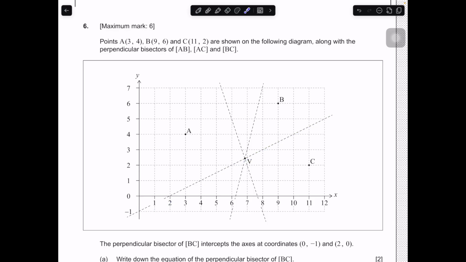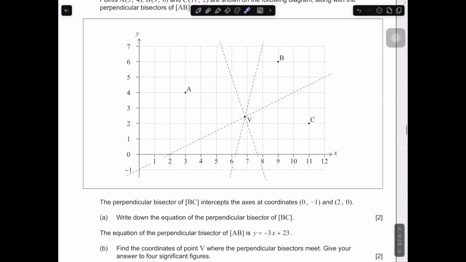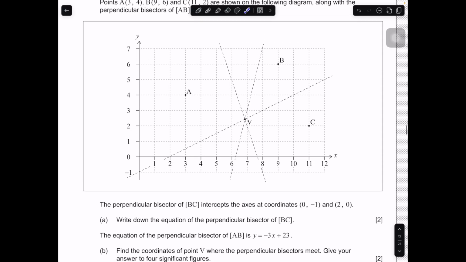They bisect, that means cut exactly in half, B and C, or A and C, or A and B, and so on. The perpendicular bisector of BC, that would be this line right here, intercepts the x-axis at coordinate (2, 0) and the y-axis at (0, -1).